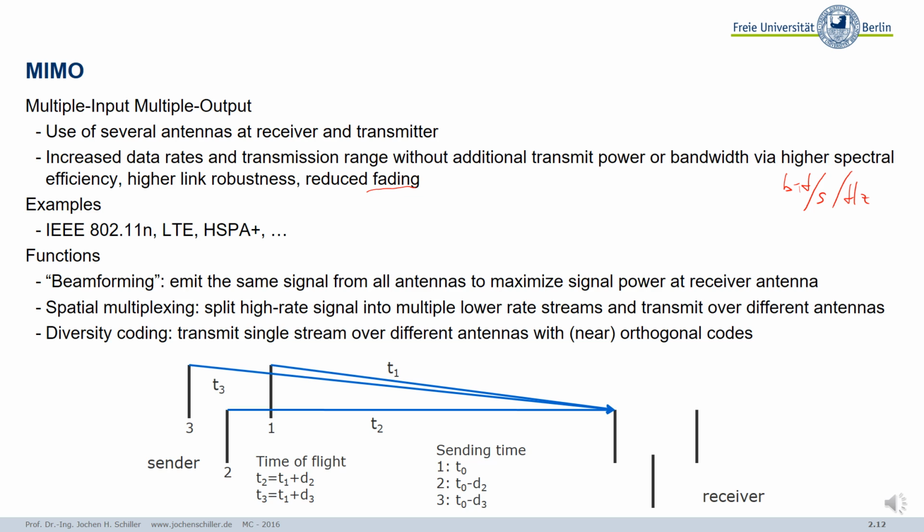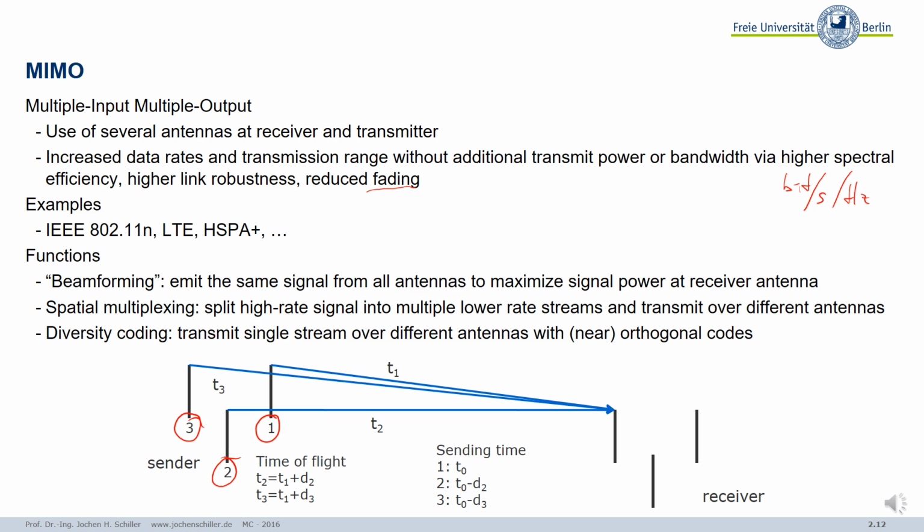The interesting thing is you can not only receive signals using different antennas, but you can also transmit signals using different antennas. What does it mean? An antenna can always receive and transmit. That doesn't matter from physics. So if you have a certain quality for receiving, it's the same quality for transmitting data. So you can also use your cell antennas for transmitting something. So that's interesting. So you can use, in our case, 3 antennas.